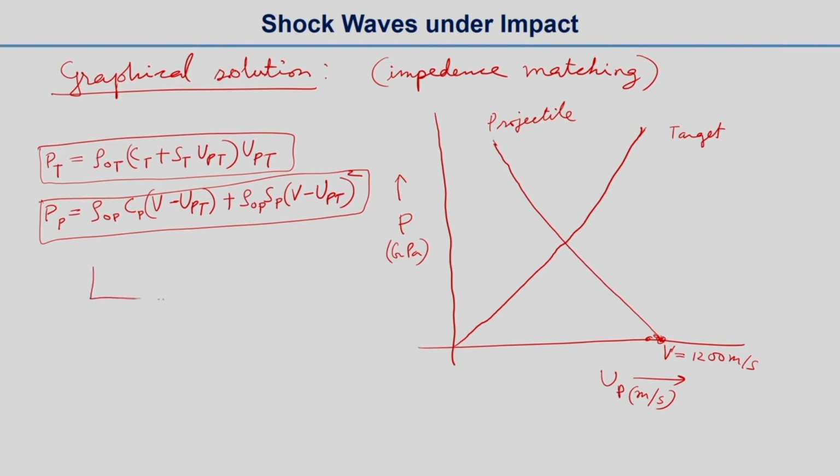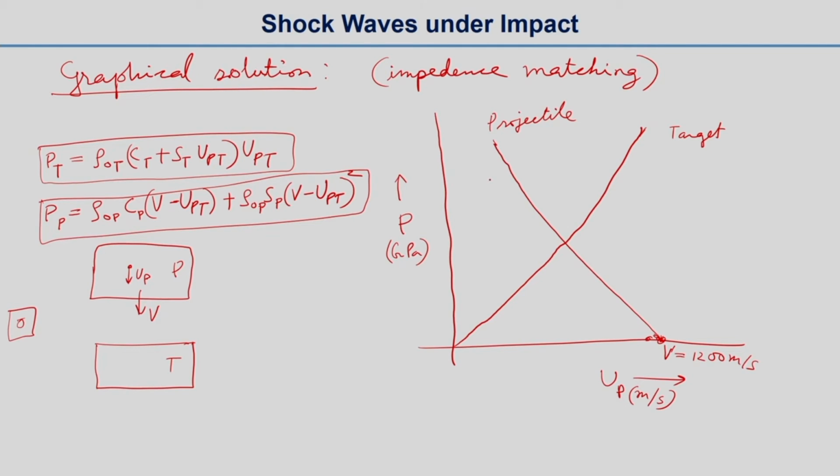If you draw this, this is the projectile P, it is coming at a velocity v, and it is hitting the target T. The particle velocity in the projectile before hitting will be 1200 meter per second if you have an observer outside. After hitting it will change, and then we can have this plot of P versus UP like that.